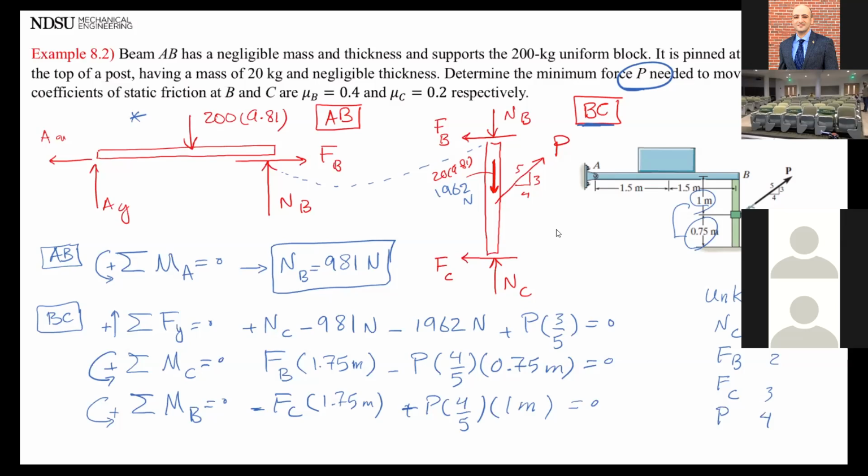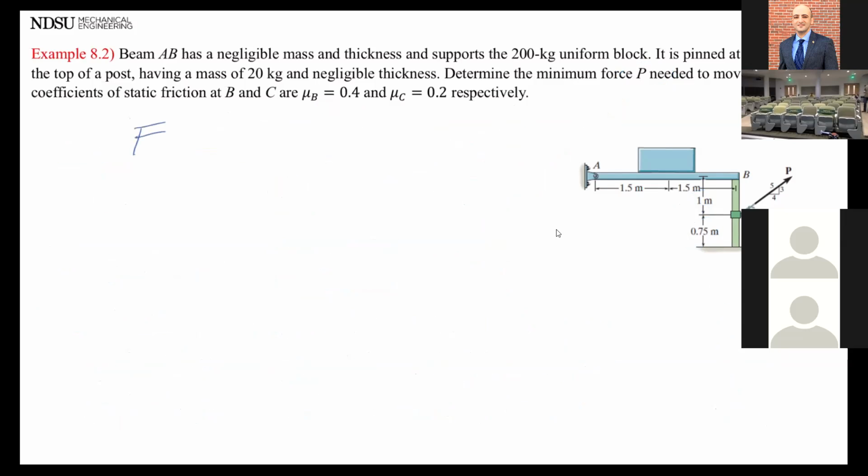Okay. So you mean this equation FC equals mu C NC, which is FC equals 0.2 NC. Is that what you mean? Yep. Why? You have a direct relationship with FC and NC.